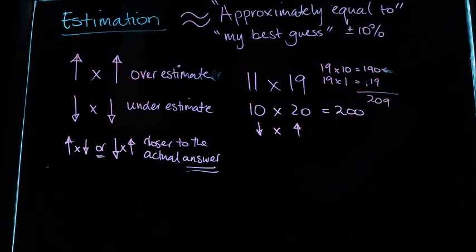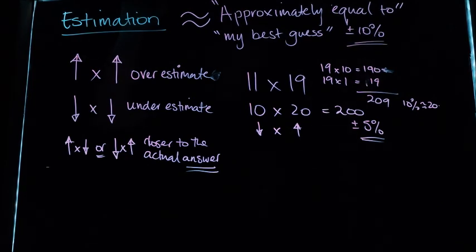Okay, so I'm thinking about 10% of this. 10% is roughly equal to 20. And how far off the answer are we? We are within 5%. Okay, we've slightly underestimated the actual answer, but we're within plus or minus 5%. So that's pretty good actually, when what we started off saying was plus or minus 10%.